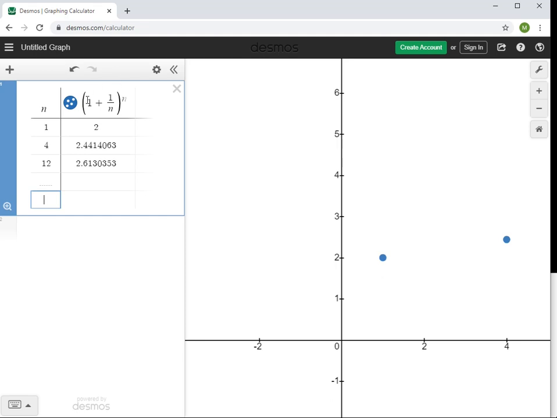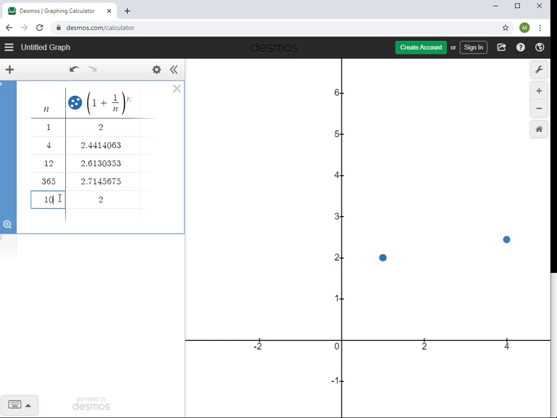Okay, so I built a table here. When n is 1, I can see that my dollar has grown to $2. If n is 4, then it grows to about $2.44. If it's 12, then about $2.61. If I broke it up by day, so 365 days for my period, it grows to about $2.71. Let's say I do 1,000.